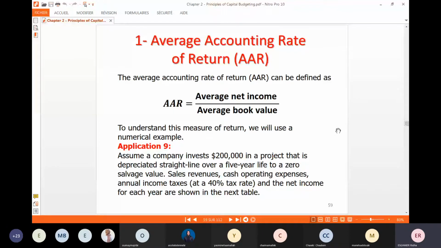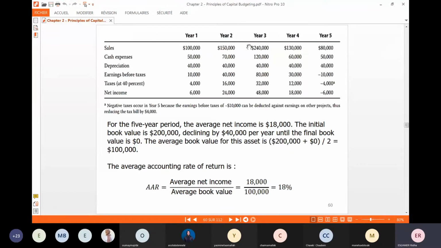What do we find in it? We find sales minus expenses minus depreciation minus the taxes, and you get net income. The average net income is the sum of the annual net income over 5. You get 18,000 over 100,000, which is 18%.